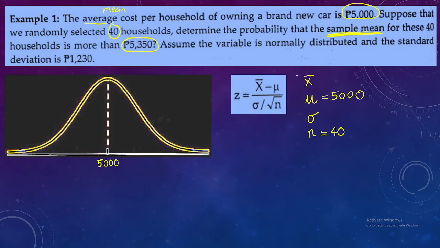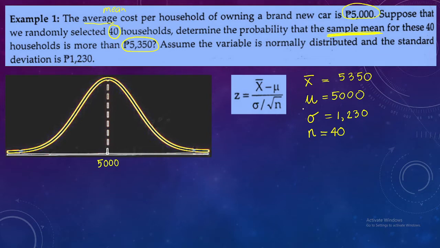So it's stated there, the sample mean for those 40 households is more than 5,350. That's your sample mean. Now, let's go to the next sentence. Assume that the variable is normally distributed with a standard deviation. Obviously, the standard deviation is 1,230.